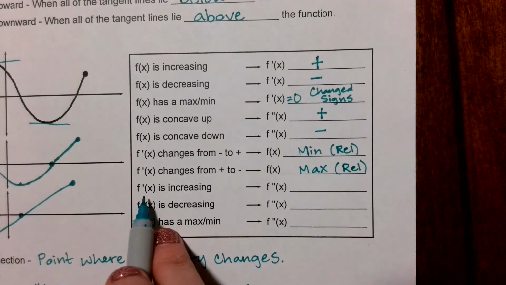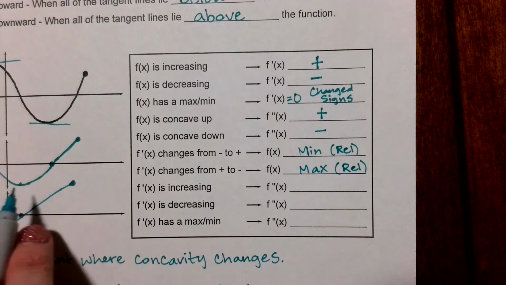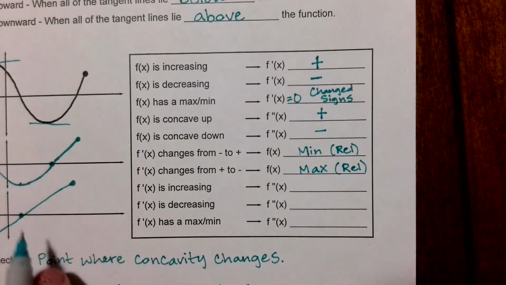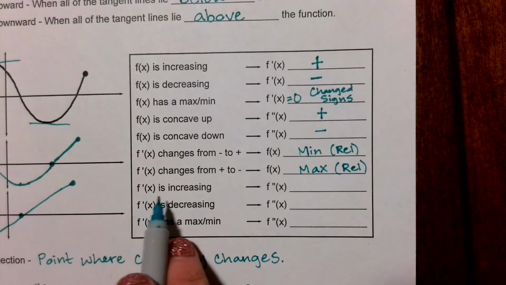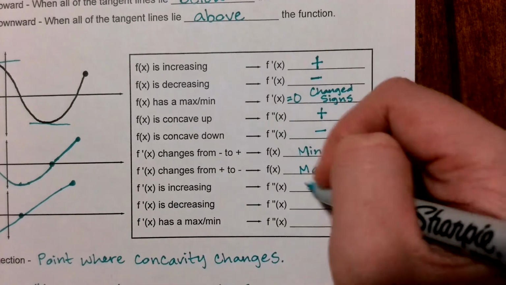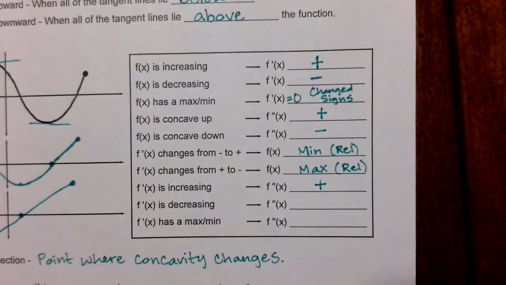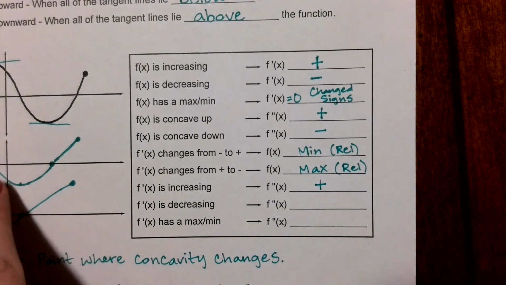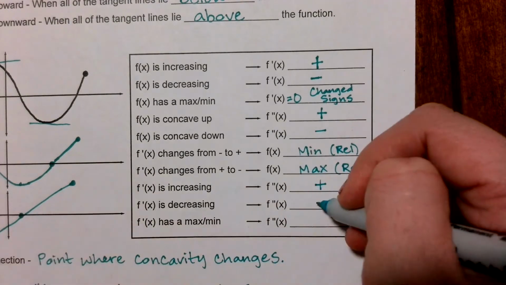If f prime is increasing, then that means, so we're looking right here, my f double prime, which would be the slope of this, so if it's increasing, then its slope is positive. If f prime is decreasing, then its slope is negative.